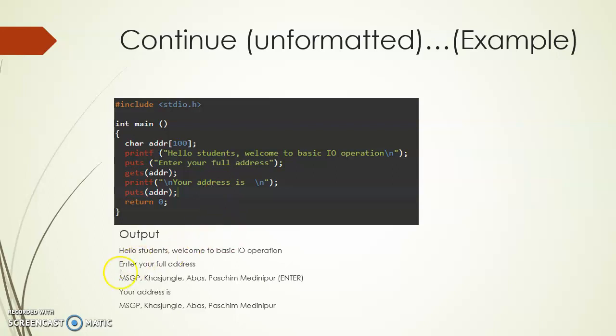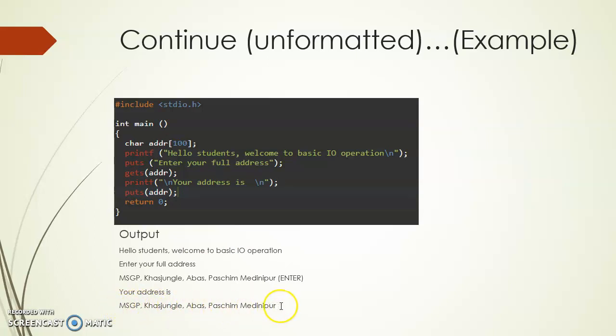Now we type our full address, which is assigned through the gets function to the addr character string, and that character string is also displayed by the puts function because we pass that addr character array as an argument to the puts function, and the puts function displays this message.